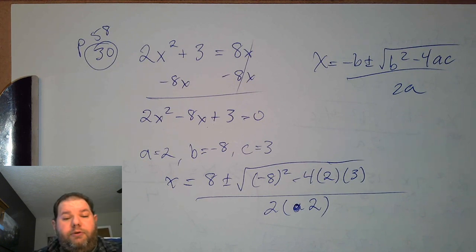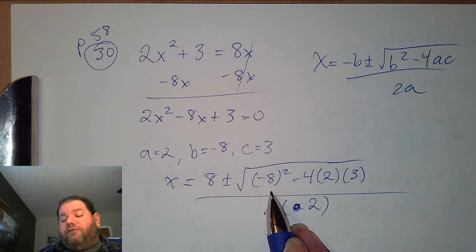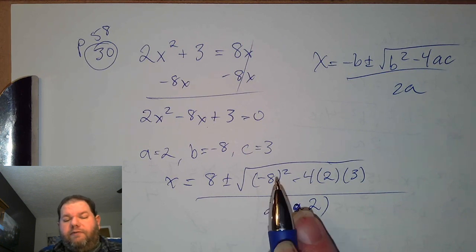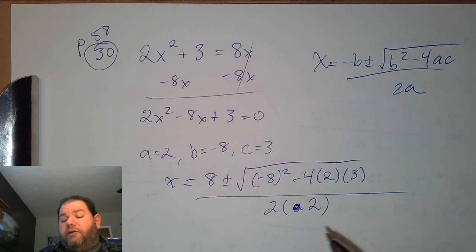Some of these steps, if we wanted to complete them as we entered the numbers, like if we saw negative 8 squared here, we could go ahead and just write this down as 64 instead of saying it's negative 8 squared. That will save us a step later on. Same thing on the bottom, we can just go ahead and make that a 4, it's no big deal.